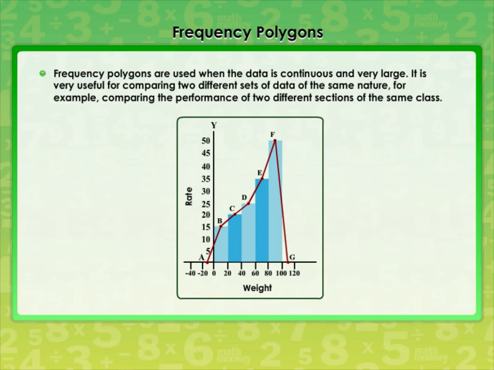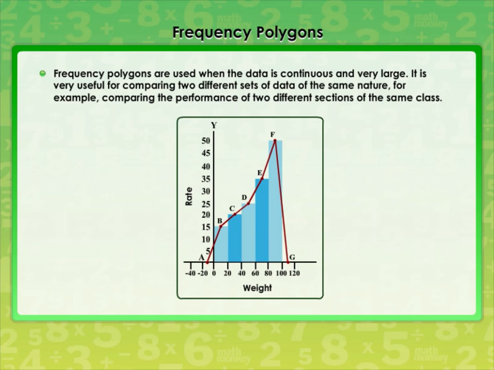Join the midpoint of the class interval, -20 to 0, that is -10 on the x-axis, to the beginning of the frequency polygon. Join the midpoint of the class interval, 100 to 120, that is 110 on the x-axis, at the end of the frequency polygon. This completes the required frequency polygon, that is A, B, C, D, E, F, G.